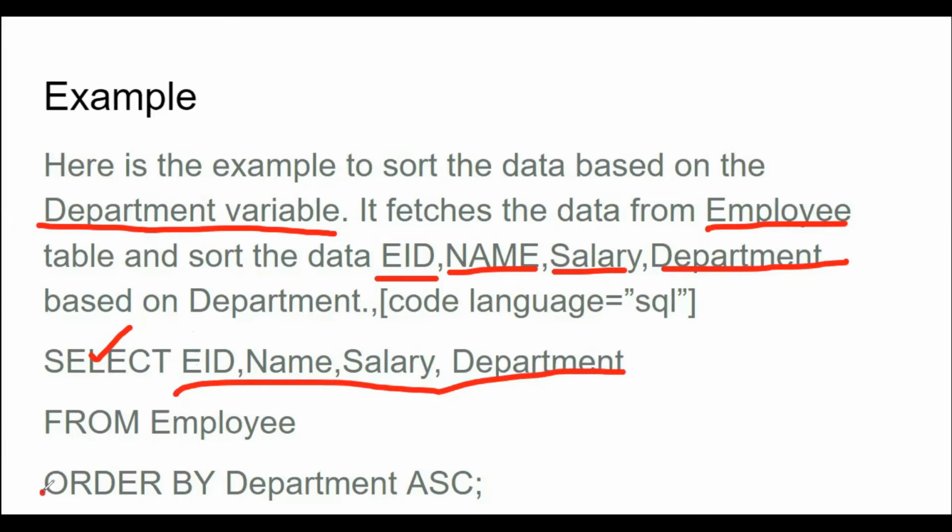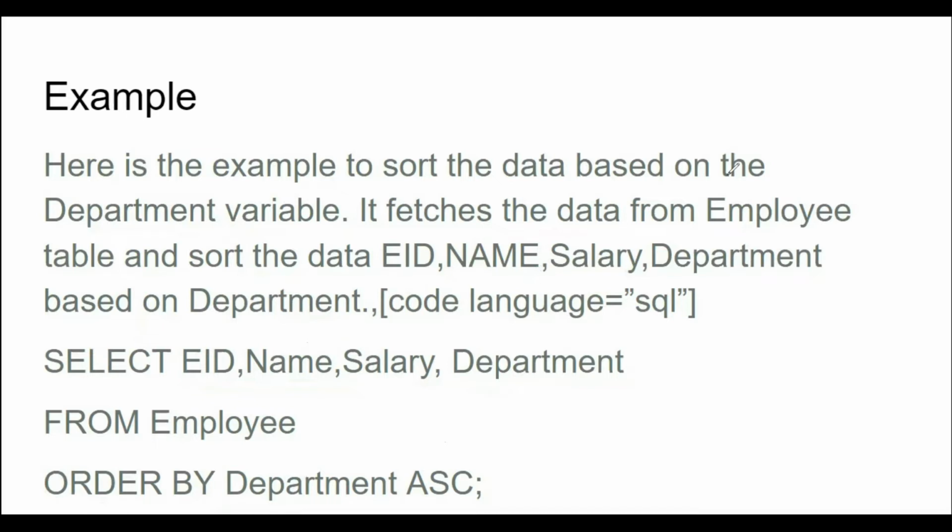After that, I'm going to use my keyword order by for sorting. My sorting should depend on a particular column, that is department. And I don't have any constraint like descending order, so I can directly go with ascending order. This ASC is not mandatory. If you're not giving ASC also, it will sort in ascending order. We will see some more examples on this order by in the next session. In this session, we are going to see only the basic introduction about the order by clause.